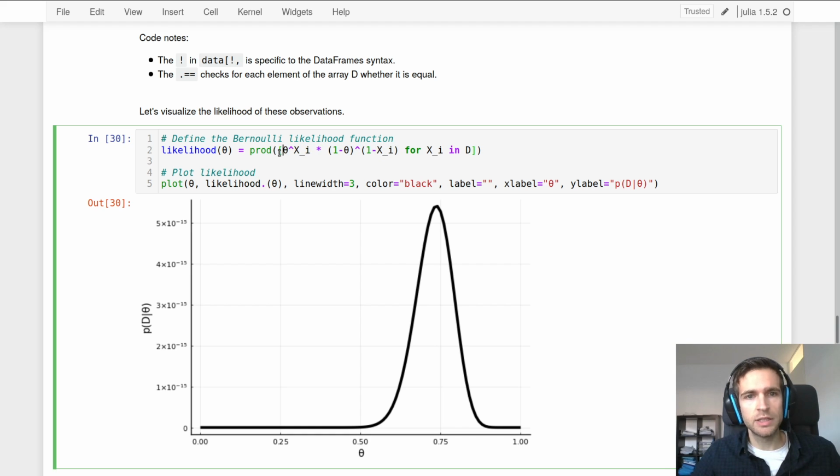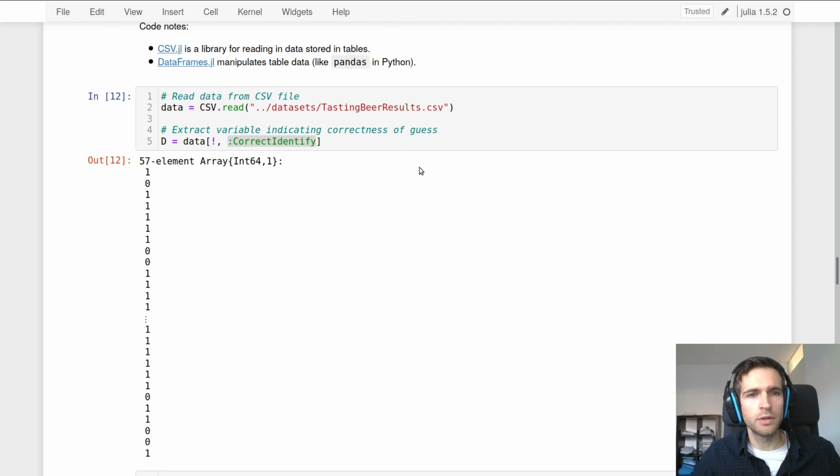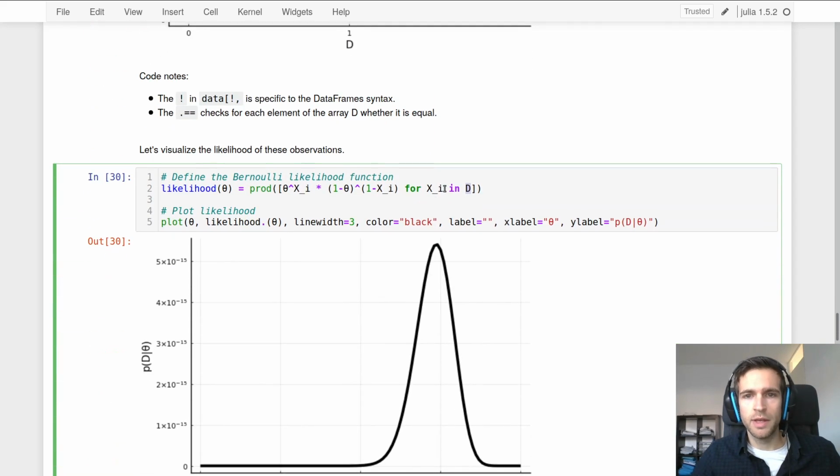Julia has list comprehensions just like Python. They start with square brackets, and at the end there's a for loop involved. So there's a for loop that's contained purely within this part. We're looping over our data set, our array with ones and zeros, and every element in that array, that's the xi outcome, and for every outcome we are computing the Bernoulli distribution's likelihood function.